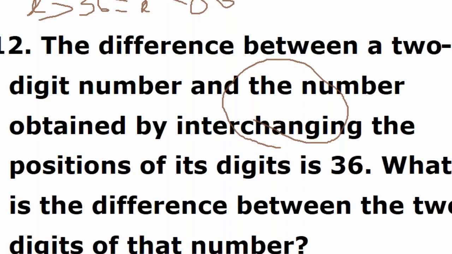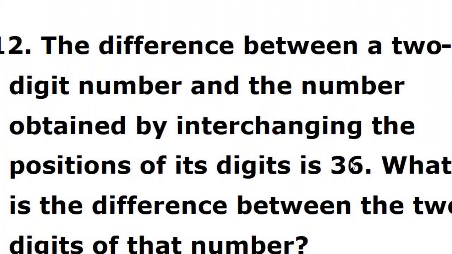Write down the difference between, please concentrate, the difference between a two-digit number and the number obtained by interchanging the positions of its digits is 36.